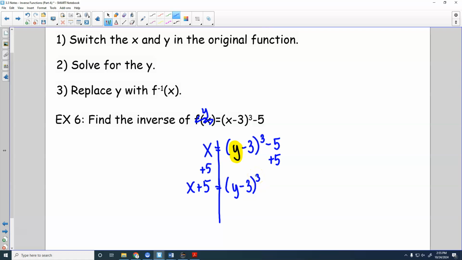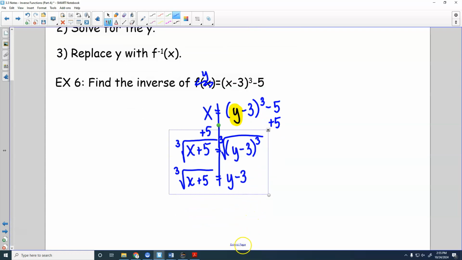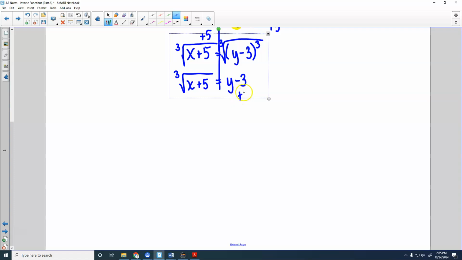What comes next? Cube root. Cube root both sides. So we got the cube root of x plus 5 equals y minus 3. And last thing, add that 3.